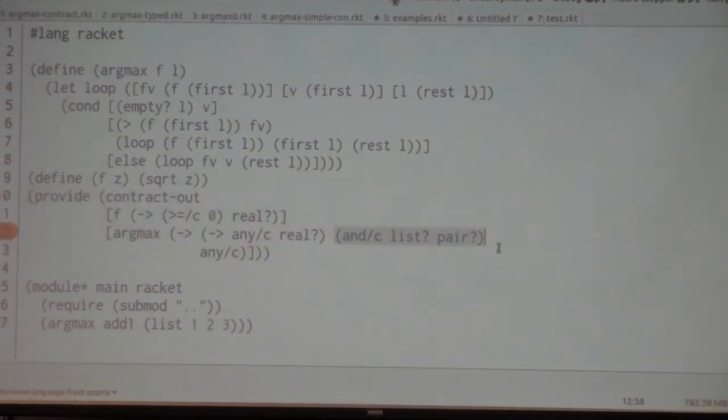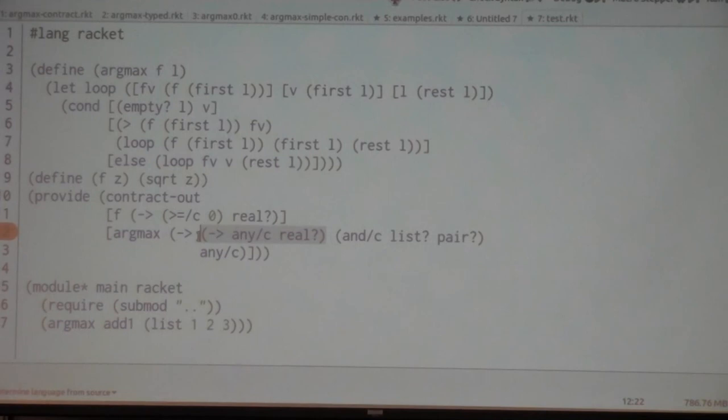And all we've said is that we've got a non-empty list and a function that produces reals. Now there's a number of things that we could say about this specification. But in order to say them, we're going to need to go to a stronger form of contract.